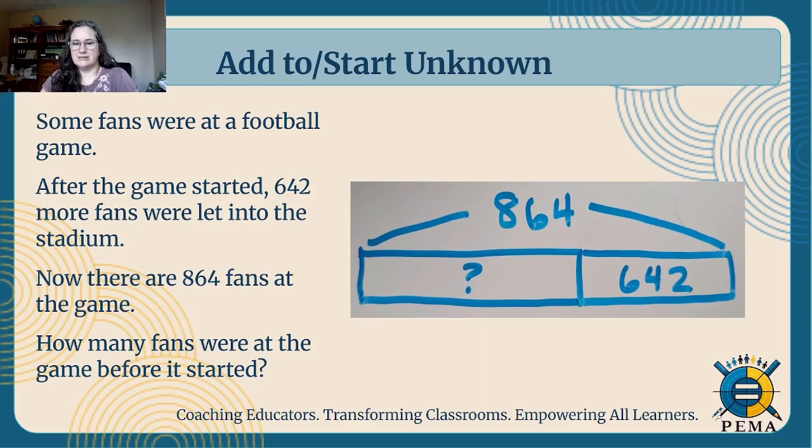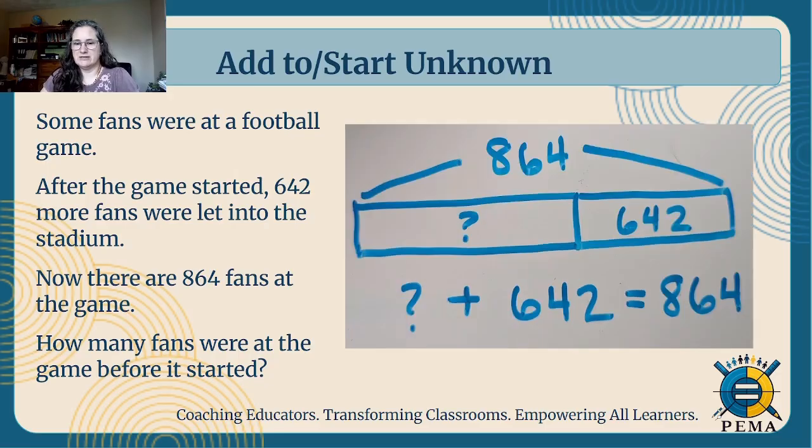And the question that the story is asking us to solve for is how many people started in the football game? That's start unknown. So an equation that matches our story could be we started with some number of fans, we added 642 more, and the total equaled 864.